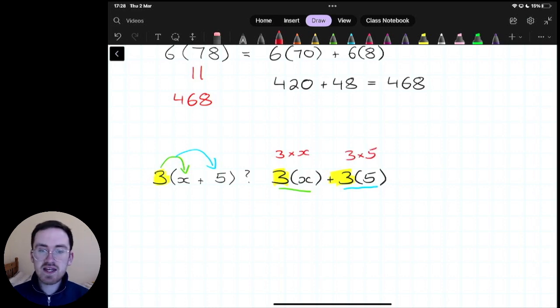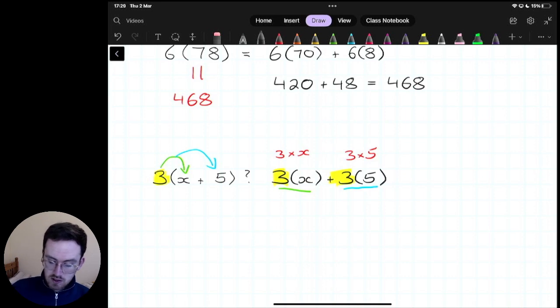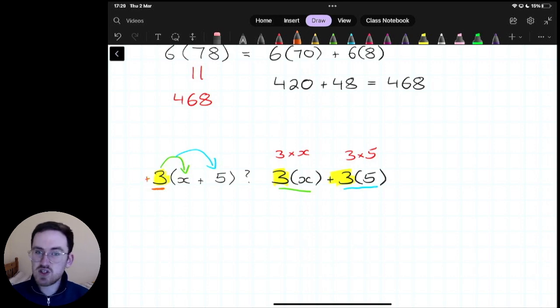So we're saying that 3 multiplied by x plus 5 is the same as multiplying each of those individual parts by 3. We think of it nearly as multiplying across by 3, so we're multiplying each of those parts by 3 individually. The reason it's a plus 3 is because the number that we have in front here is a plus 3. Remember, if there's no sign in front of it, we just assume that that's a plus.